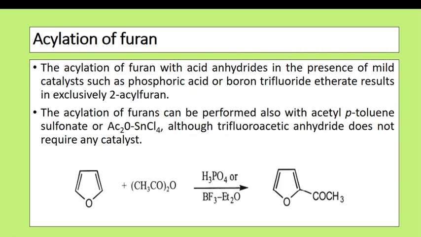Acylation of furan. The acylation of furan with acid anhydride in presence of mild catalysts such as phosphoric acid or boron trifluoride etherate results in exclusively 2-acyl furan. The acylation of furans can be performed also with acetyl paratoluene sulfonates or Ac2O with SnCl4. Trifluoroacetic anhydride does not require any catalyst.